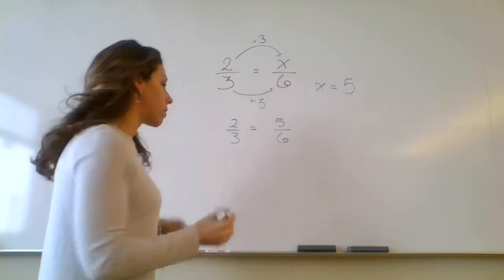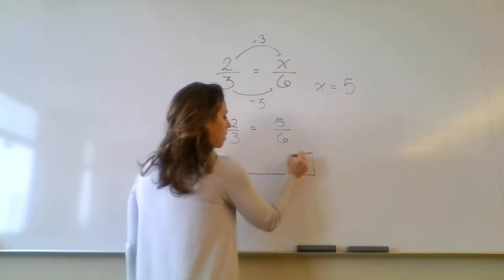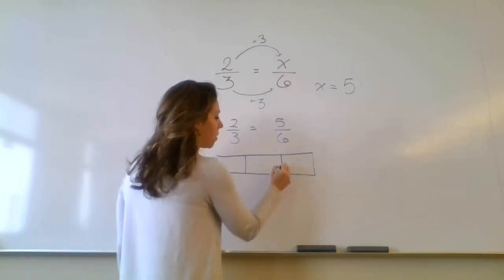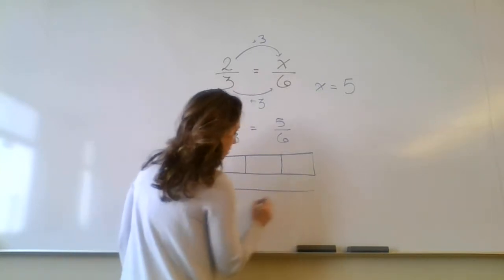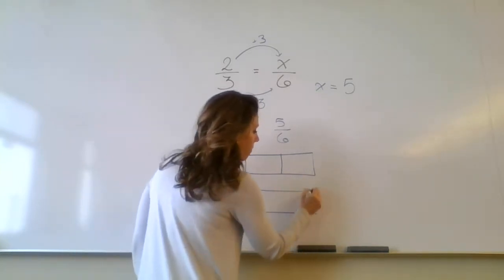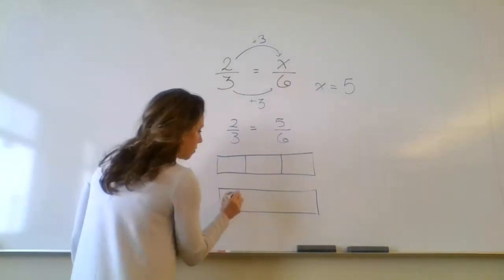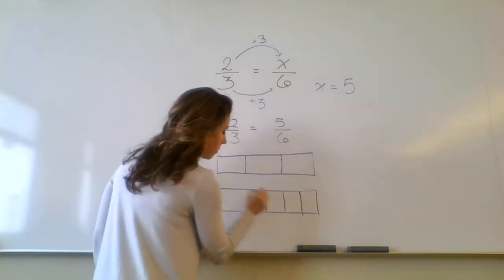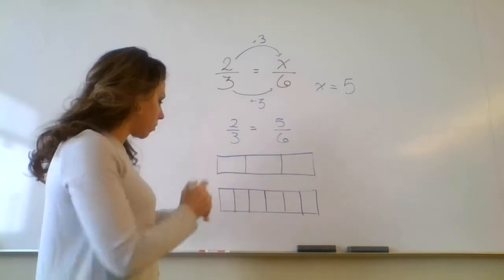In my model, I would probably use the strip diagrams, and there's one of the wholes. If I break that into 3 equal parts, and the second ratio is 5/6, because they're equal, the wholes would be equal. I break that into 6 equal parts. So I have 3 equal parts and 6 equal parts.